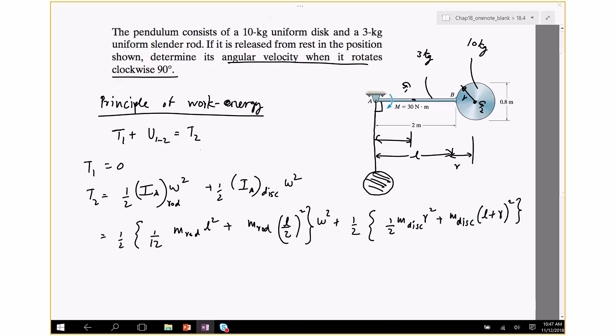So everything there except omega square is known, but that's the unknown, right?